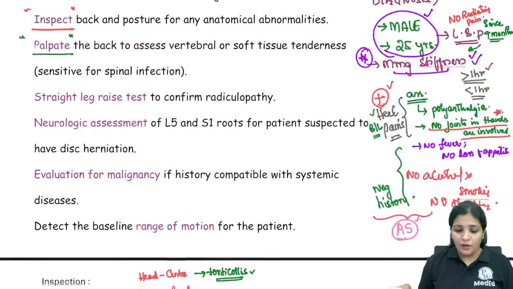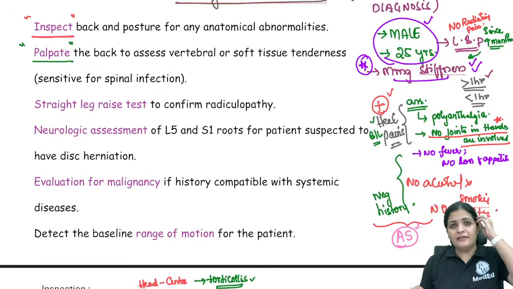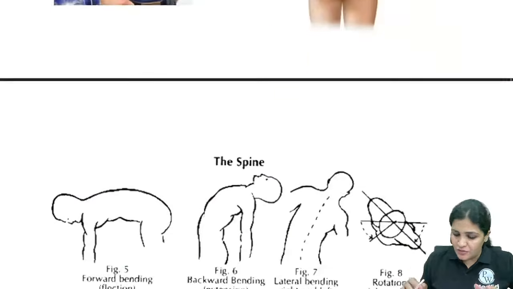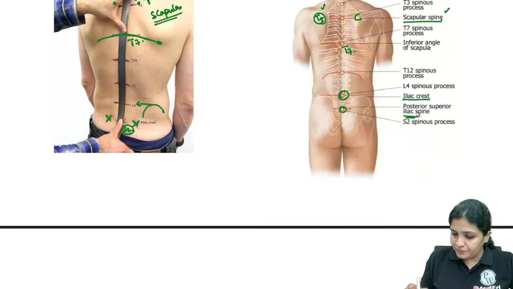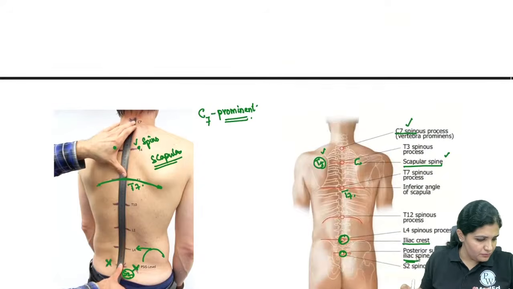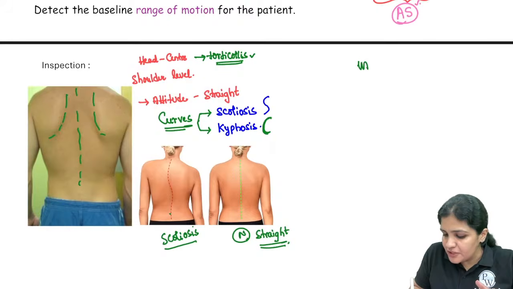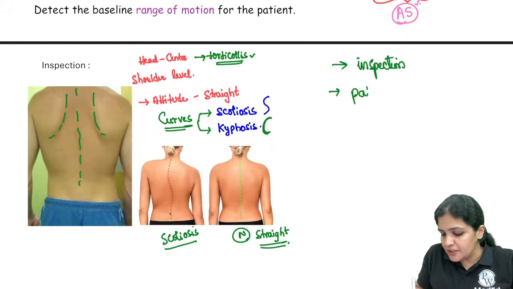Then after the inspection and the palpation, what you do is your testing. There are various tests which you can do. You do the inspection, then you go for the palpation.